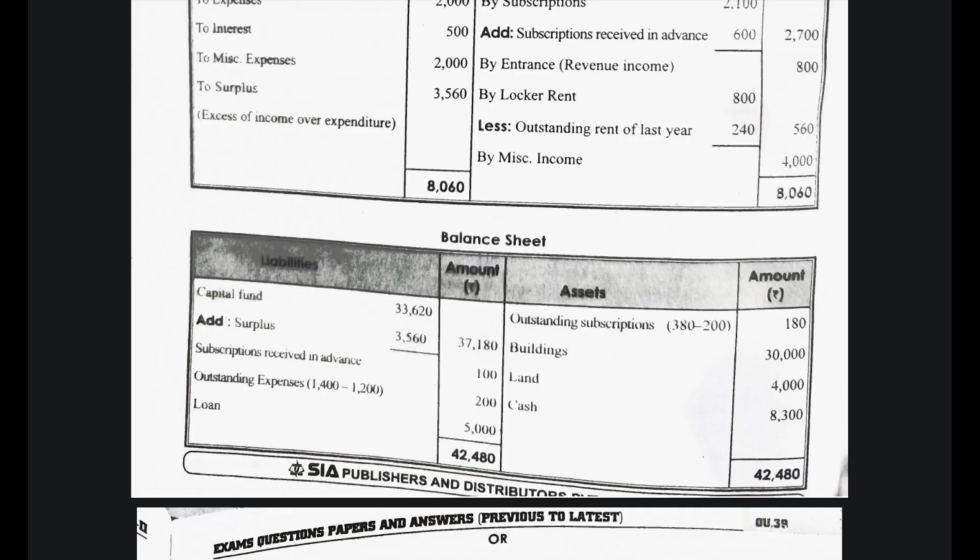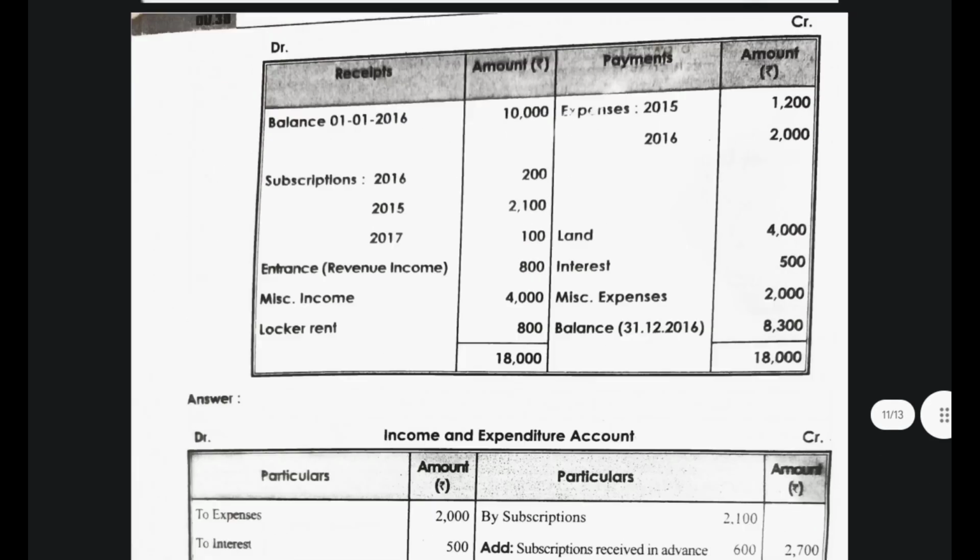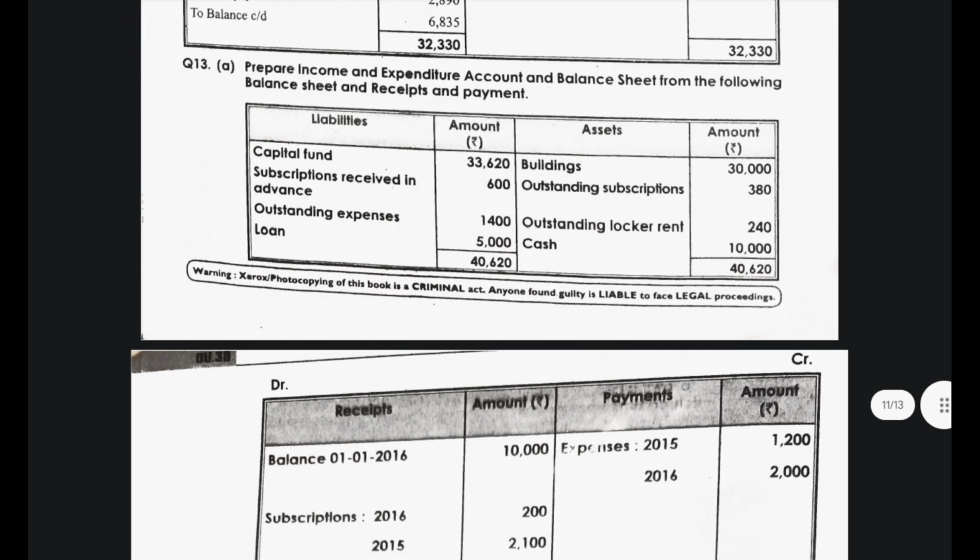Subscription received in advance, outstanding expenses and loan we have to take. In this capital fund we have added the surplus. Now subscription received in advance 600 is given here and outstanding expenses 1400. Loan as it is, 5000, we have to take.